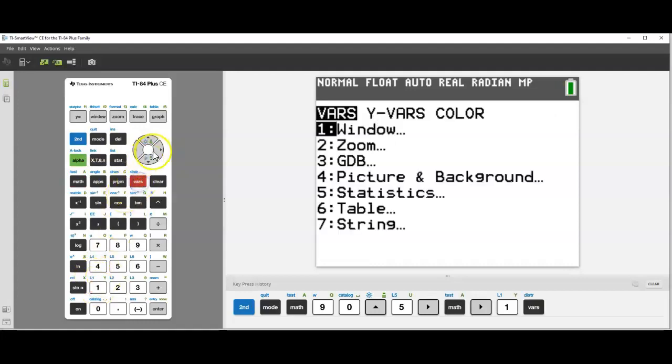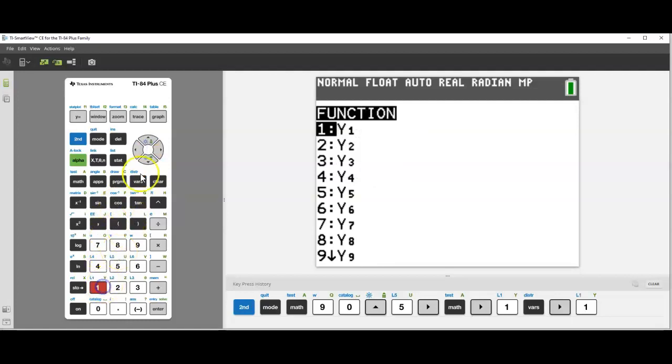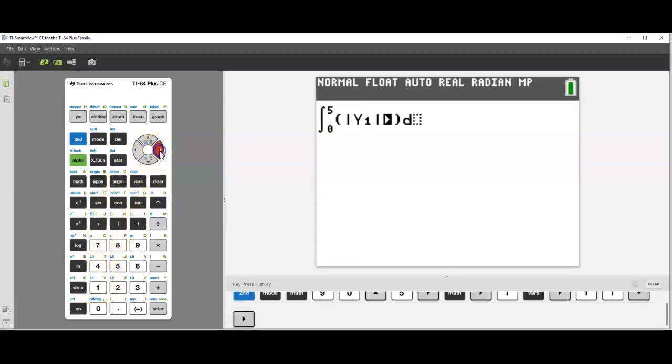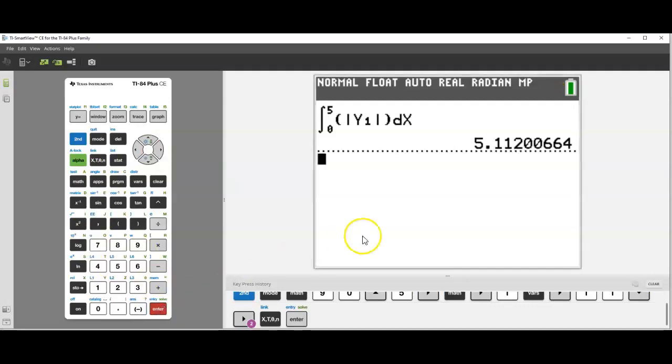Put your function in there, which we've stored under y1. And don't forget your dx, and we should have our distance there, 5.112. And that will be our answer. Move on to the next question.